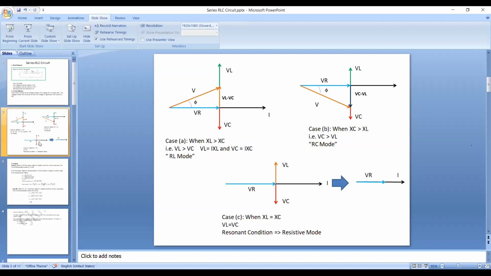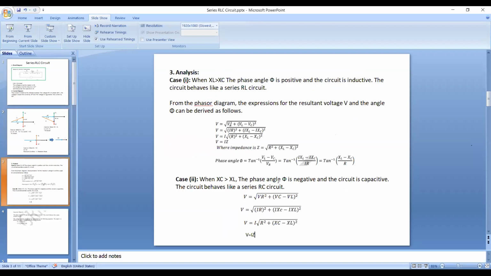Can you show the derivation again, sir? Yeah, the derivation. In any right-angled triangle, the resultant is the square root of adjacent side square plus opposite side square, like the Pythagoras theorem. The same thing we have applied. Let me bring that vector diagram over here.